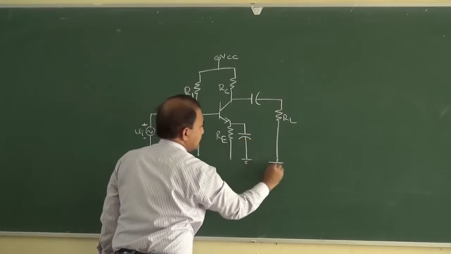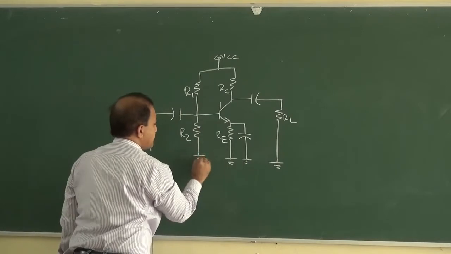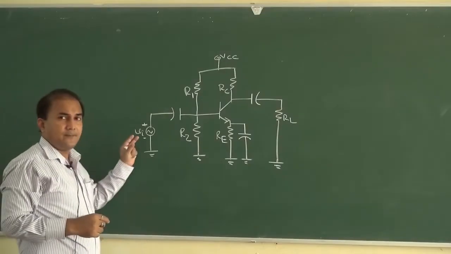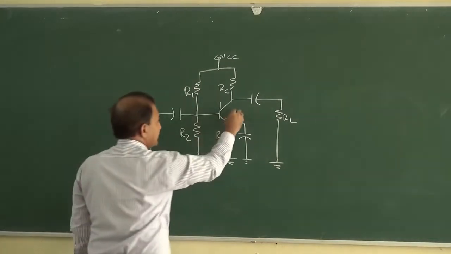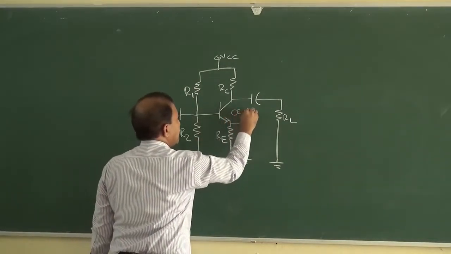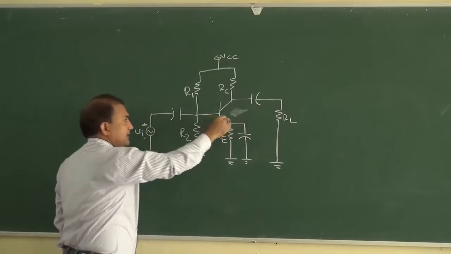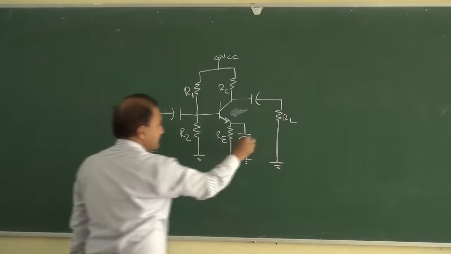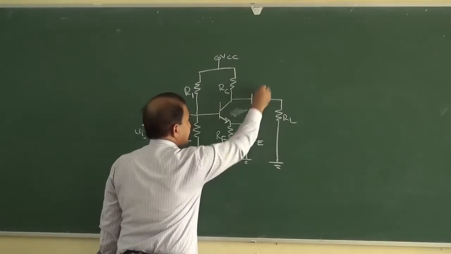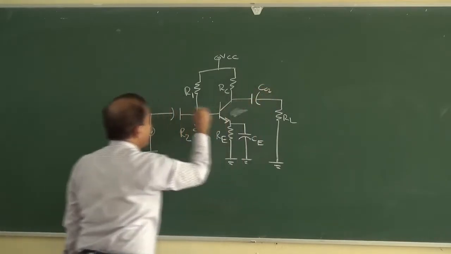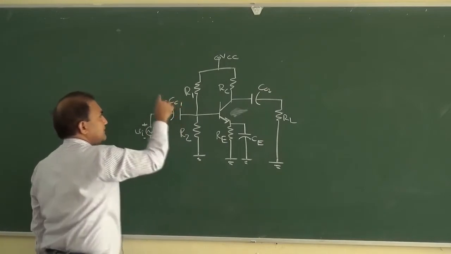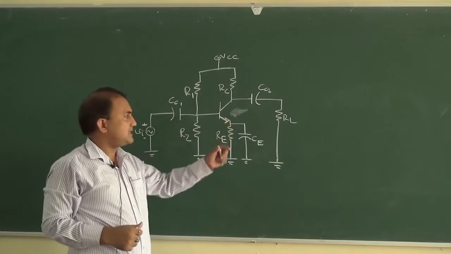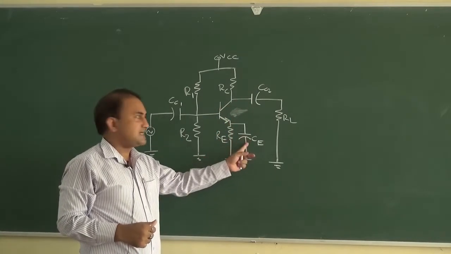So this is the circuit diagram of a single stage BJT amplifier. It is in common emitter mode, CE mode, because this emitter terminal is common. This is emitter bypass capacitor, and this is CC1 and CC2. CC1 and CC2 are coupling capacitors.